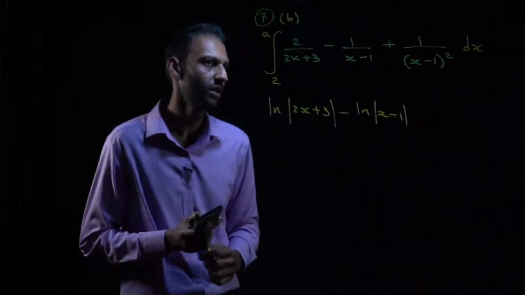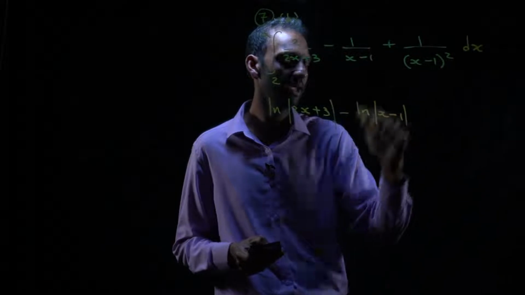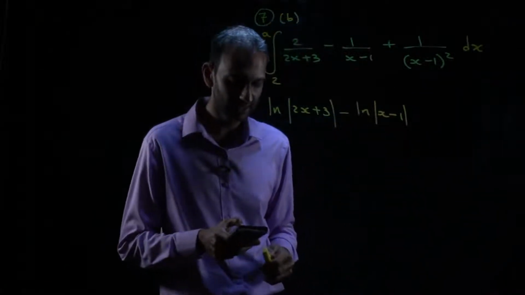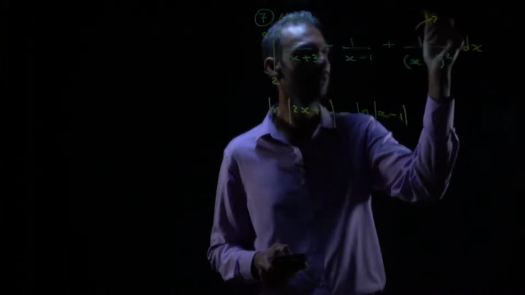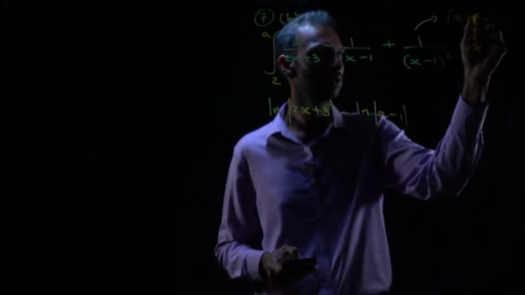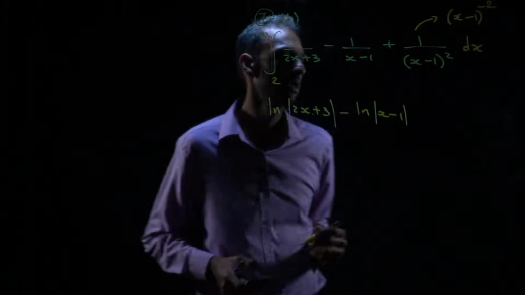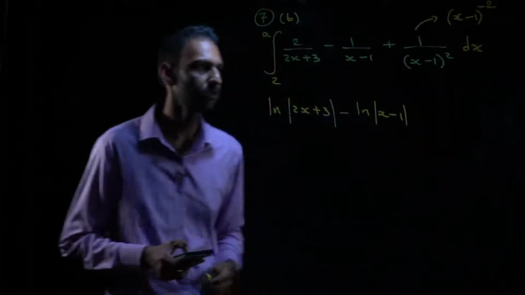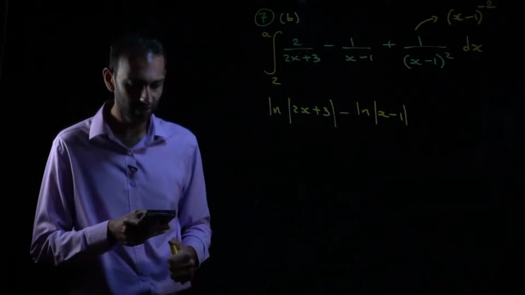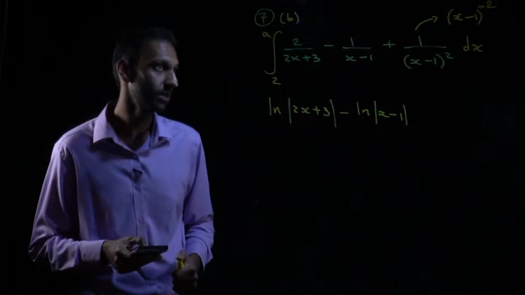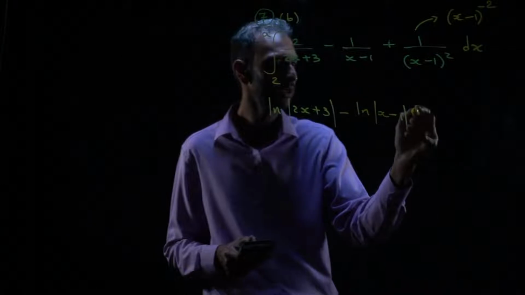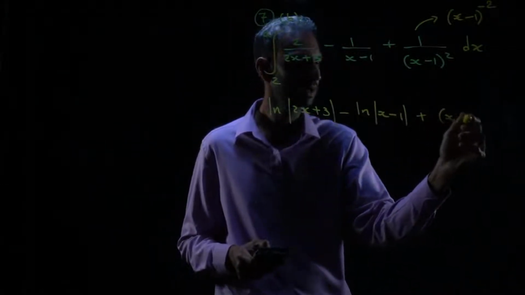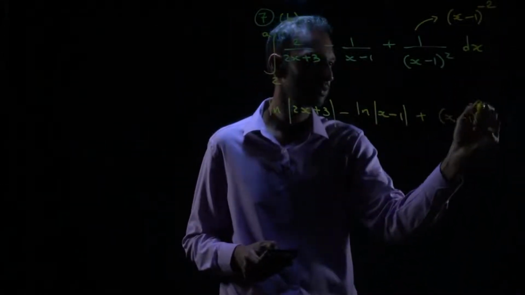Careful here, when I'm integrating 1 over x minus 1 squared, it's basically reverse chain rule for a linear expression. So I'm just going to send everything in the denominator to the numerator, which is x minus 1 to the power of minus 2. If we integrate x minus 1 to the power of minus 2, we add 1 to the power, so minus 2 plus 1 is minus 1.